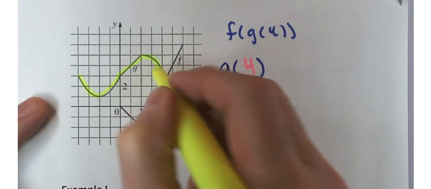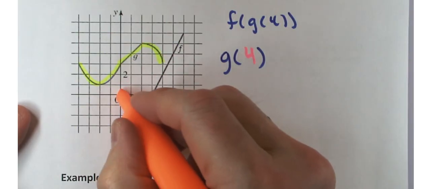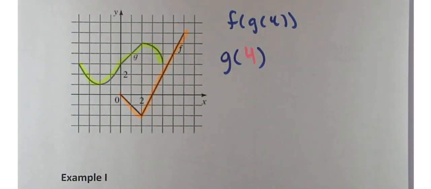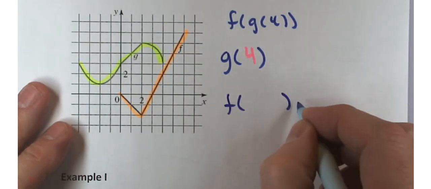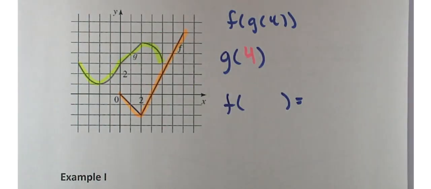You typically work from the inside out with these functions. So see if you can't find g of 4. And whatever g of 4 is, then we're going to put that in for f, and then find that as well. I think I gave myself a little more space here than I needed.